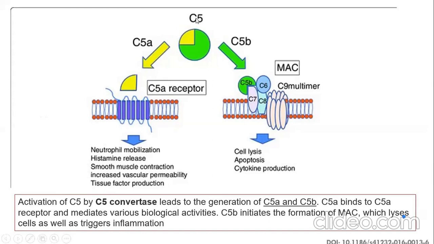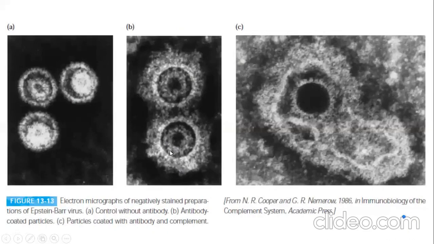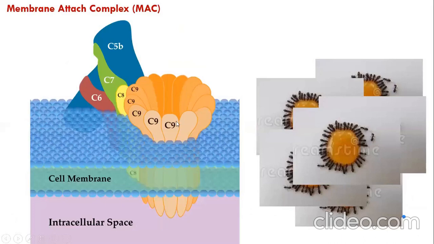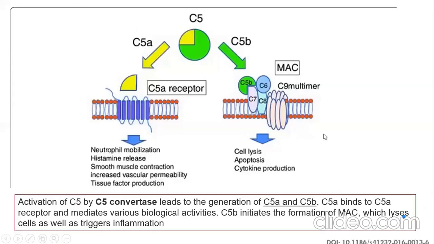C5a is a very small fragment of the C5 complement protein, and C5b is a larger fragment. The larger C5b, as we have spoken, attaches to C6, C7, C8 and the C9 multimer. It makes the membrane attack complex that we discussed, which destroys cells by cytolysis or apoptosis and cytokine production.